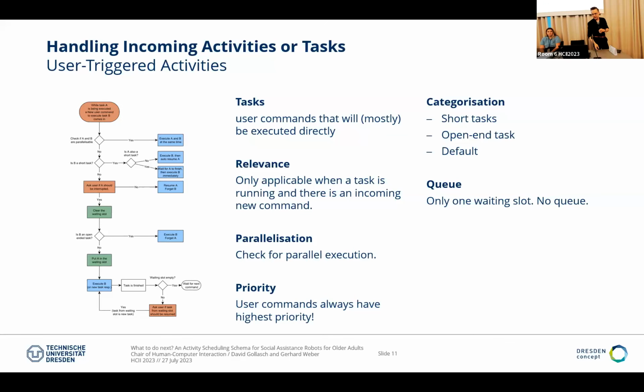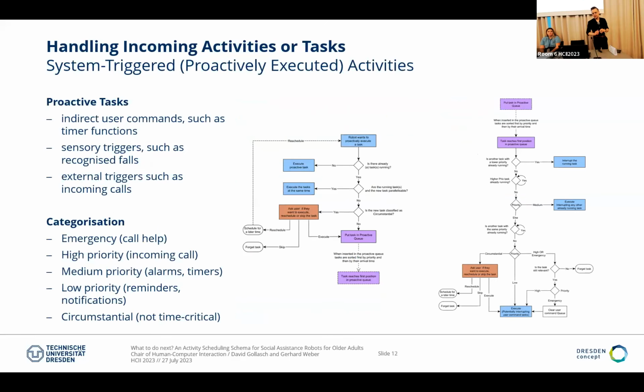So, and for those system triggered activities, we as well identified 5 categories where we have to categorize or prioritize different activities that are coming in. So we distinguish between emergency, high priority, medium priority, low priority activities, as well as circumstantial activities.